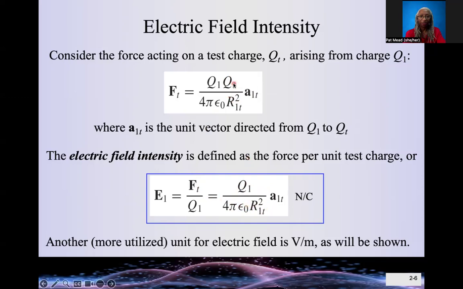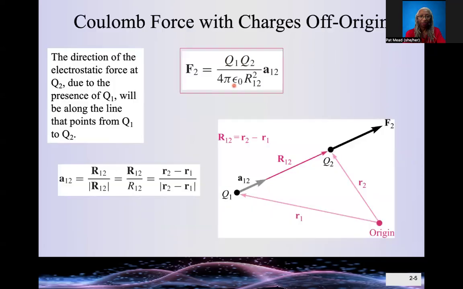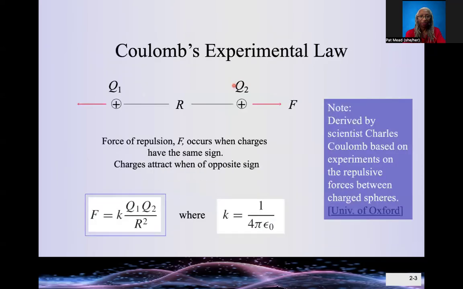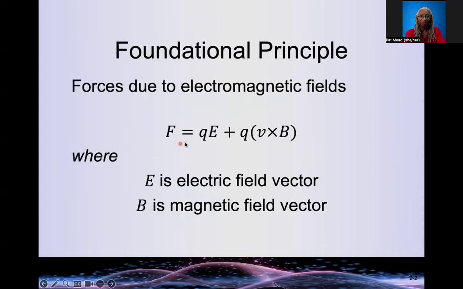So our test charge, Q sub T or Q sub 2, placed inside an electric field due to Q1 will experience a force in the same direction as the electric field, right? I'm going to go back to the very beginning. We said that this was a vector equation, right?